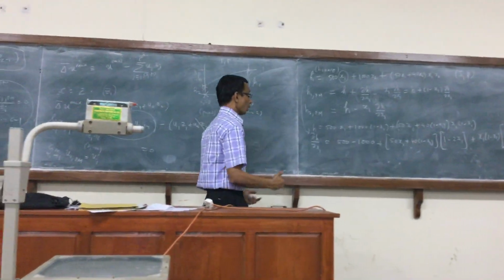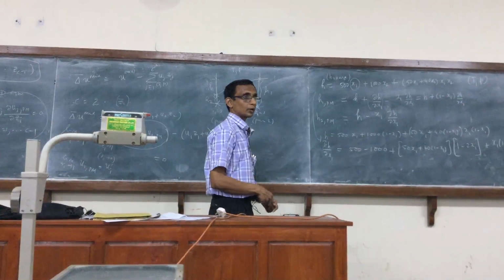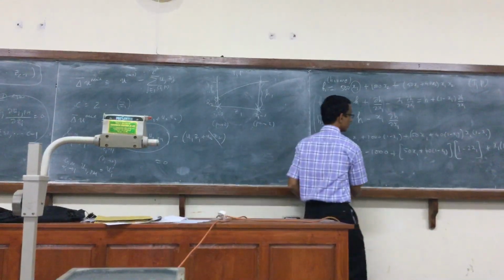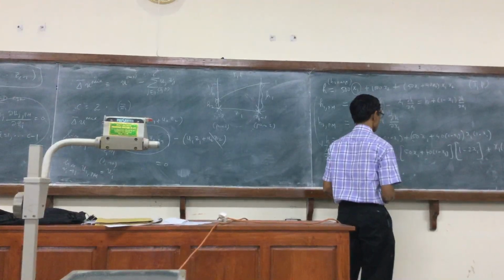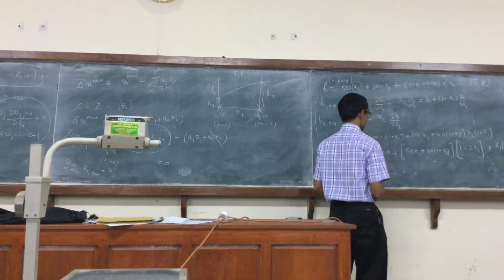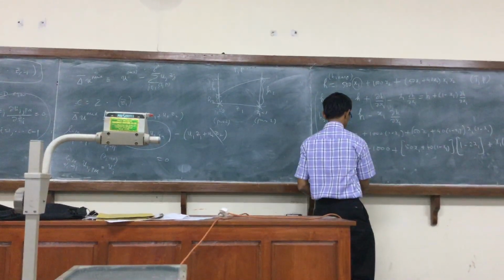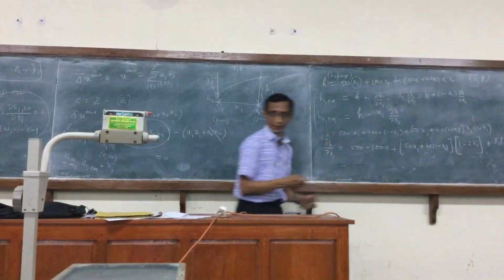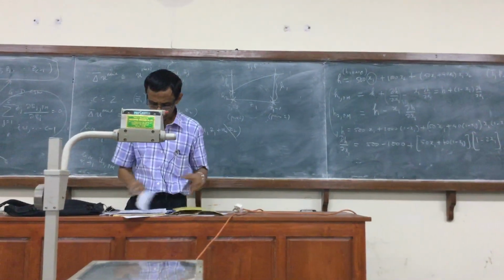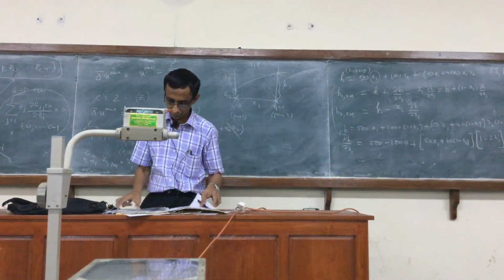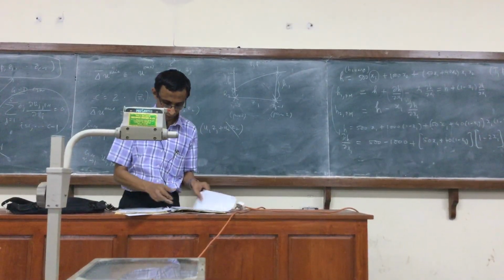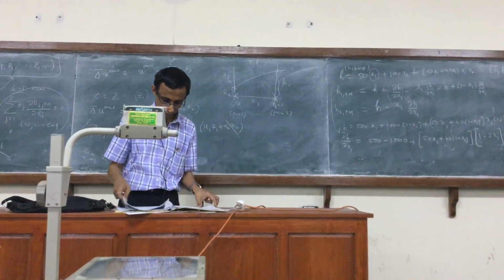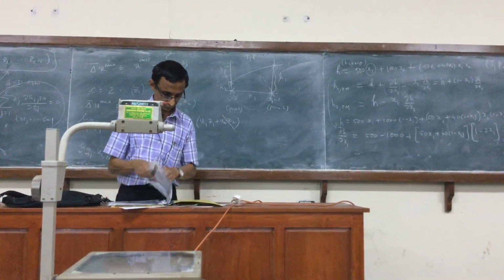So all I have to now do is to gather together all the terms. So 5 minus 5. So let me write the answer if I have it, because it's just a question of algebra now, not even differentiation. So let me just, if I have it ready, write out the answer.